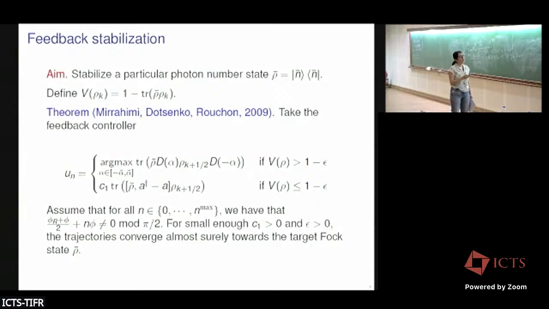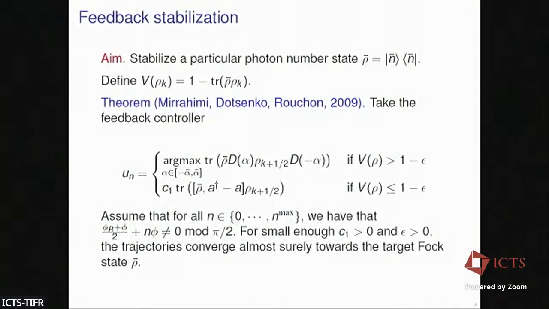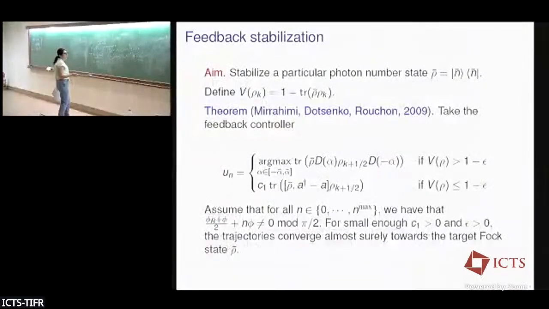But why do we talk about switching? This is the other thing. Suppose that your rho k plus half is blocked, for example, in some other state which is orthogonal to rho bar. Then you get your control 0 here, right? In fact, this is 0 when you have rho k plus half orthogonal to rho bar, or any other photon number state n.